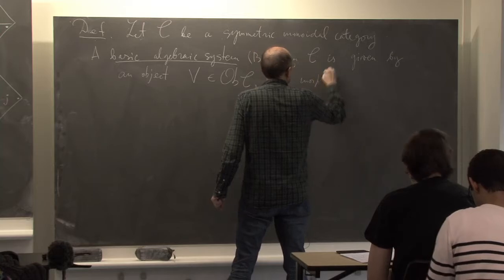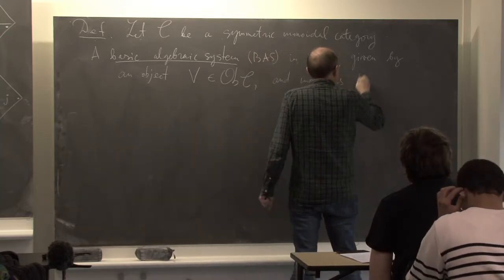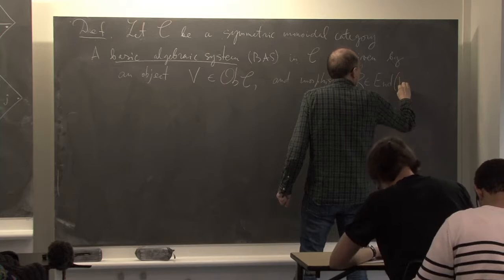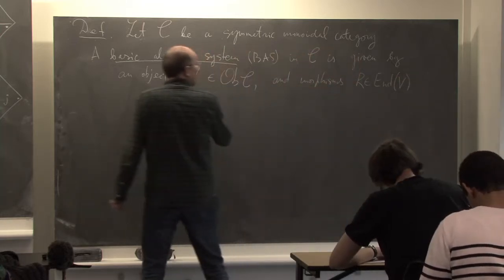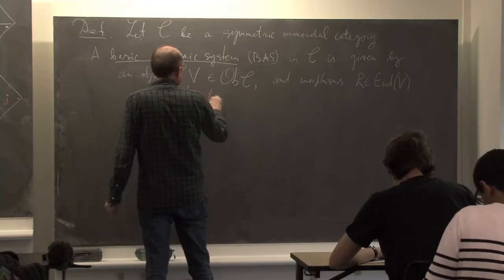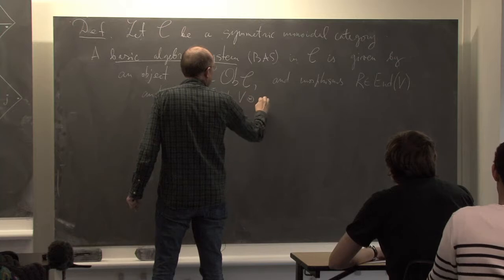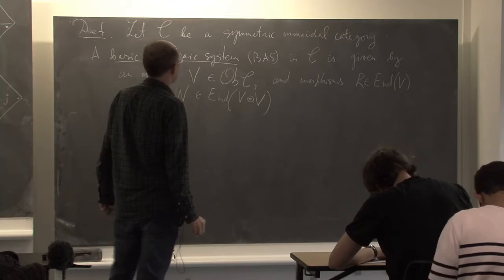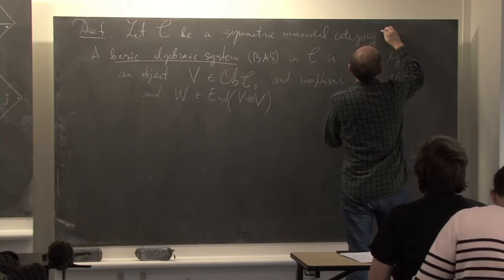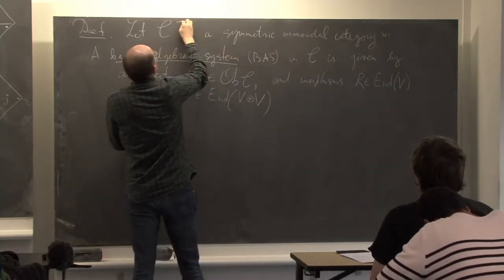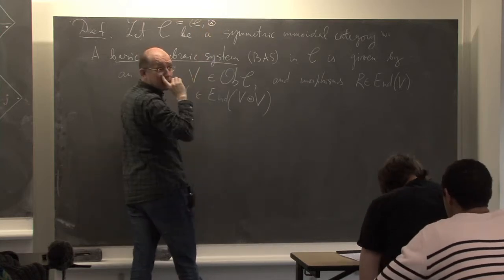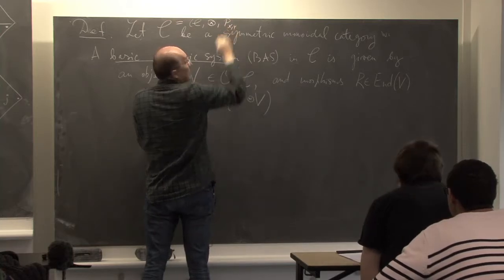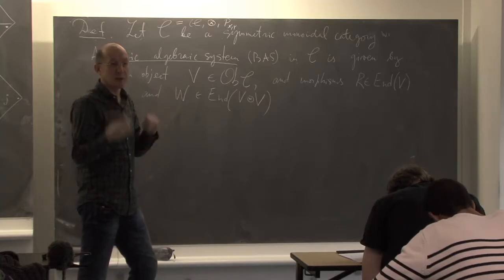and morphisms R, an endomorphism of V, and W, an endomorphism in V tensor V. Okay, so maybe here I should say C with tensor product denoted as usual, and symmetry denoted by P_XY, a family of morphisms indexed by pairs of objects.